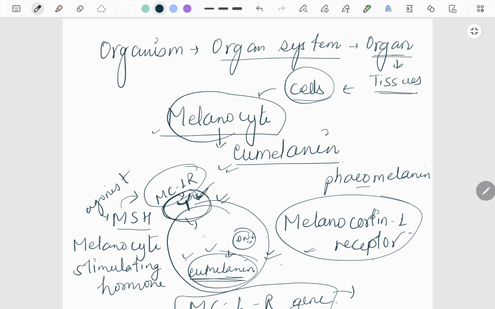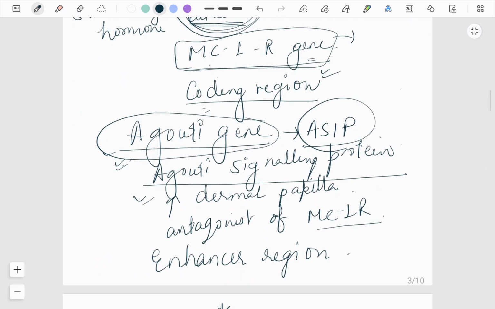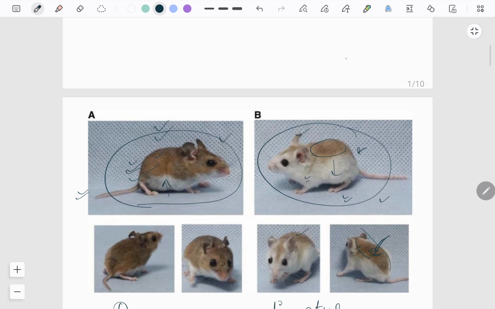So it is going to give the signal inside the cell to stop the production of eumelanin. So the production of eumelanin will be very less. Now all this happened during embryonic development of the mice, and as a result you can see too much white coloration here, very less dark coloration here, opposite to the inland mouse, in which the agouti gene and the MC1R gene were normal, right?